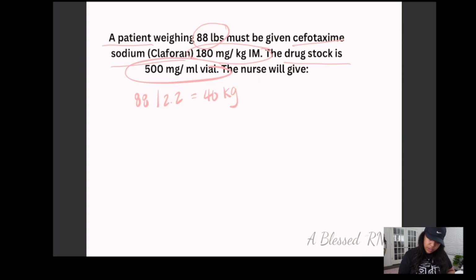And then we see that it's 180 milligrams per kilogram. So we're going to times this 40 by 180, and we're going to get this many.